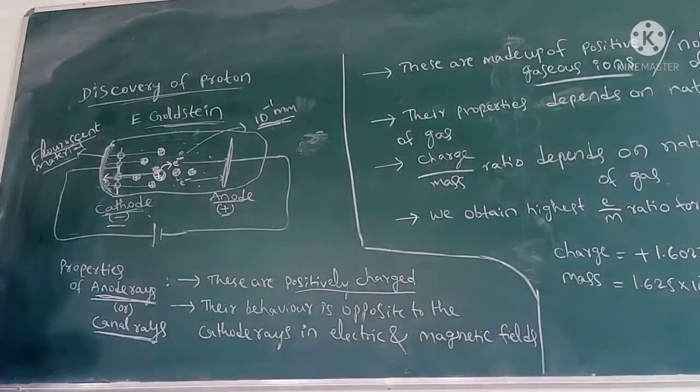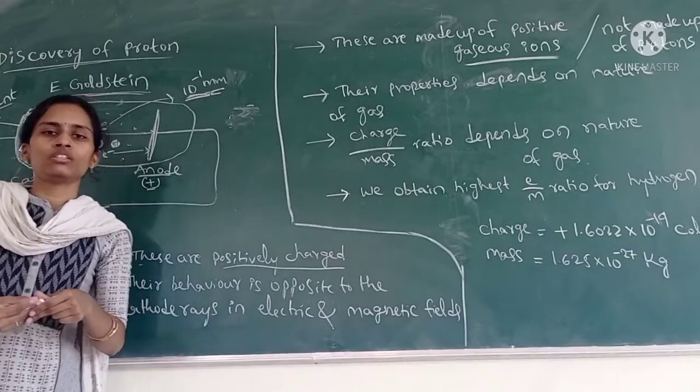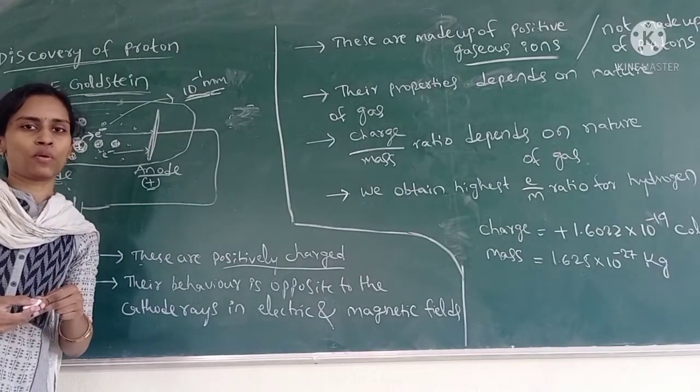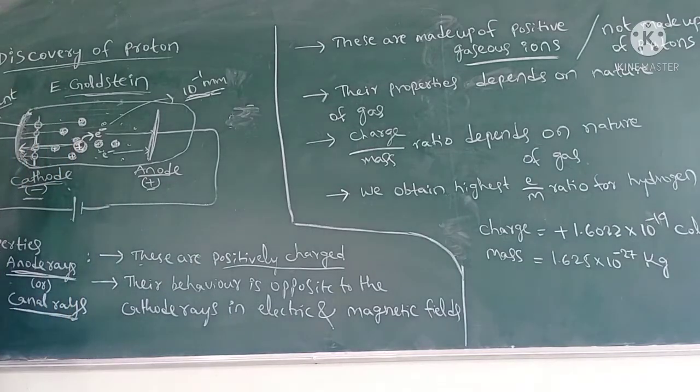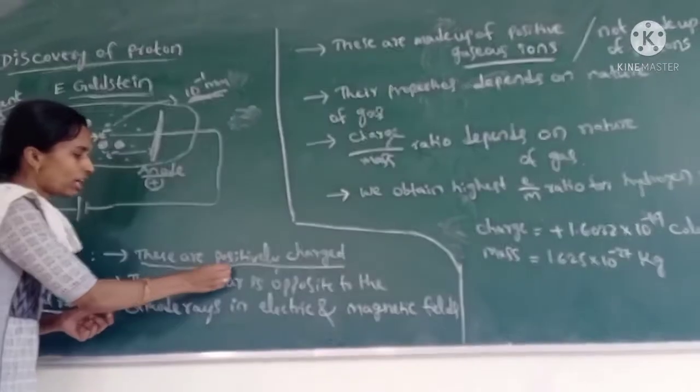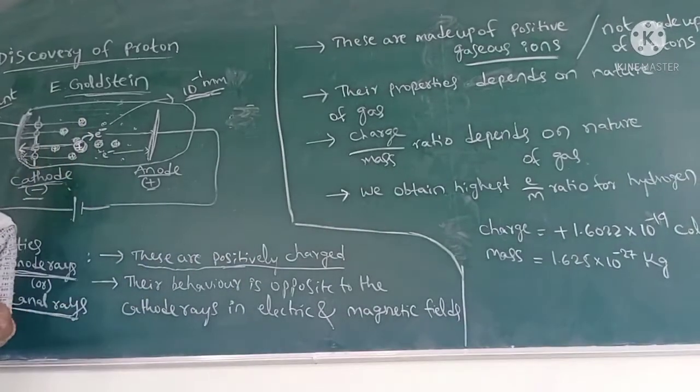What are the properties of these rays? Let us see the properties of anode rays. Yesterday we saw the cathode ray properties: cathode rays are negatively charged particles. In the same way, anode rays contain the opposite charge to the cathode rays.